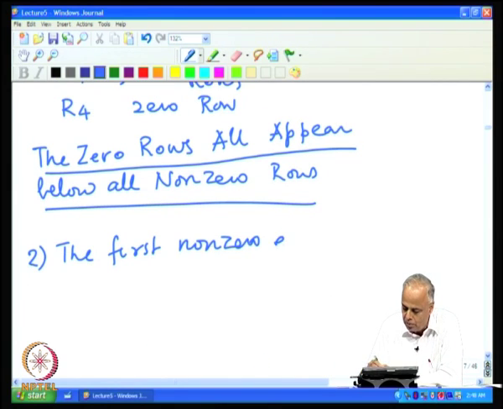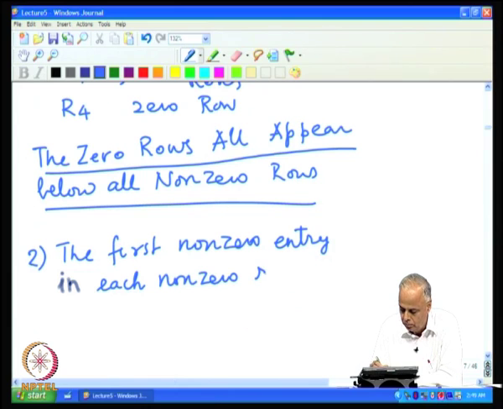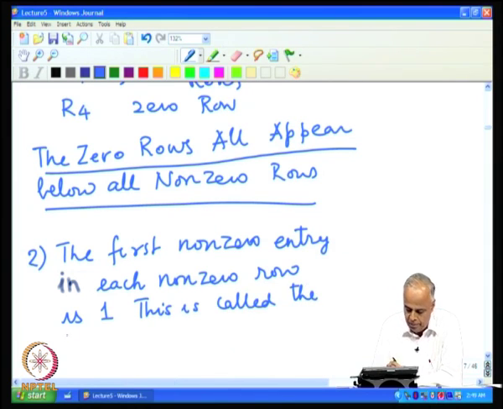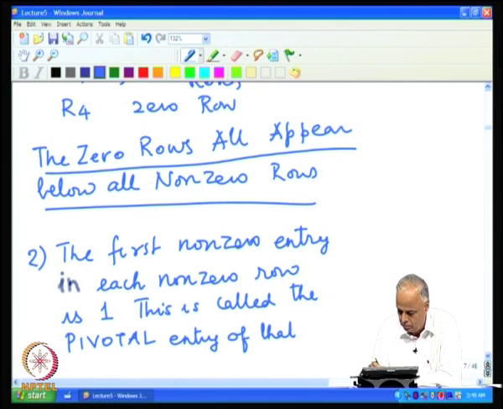The first non-zero entry in each non-zero row is 1. This is called the pivotal entry of that row. So, every non-zero row has a pivotal entry, and that is 1, and that appears first from the left side as the first non-zero entry.